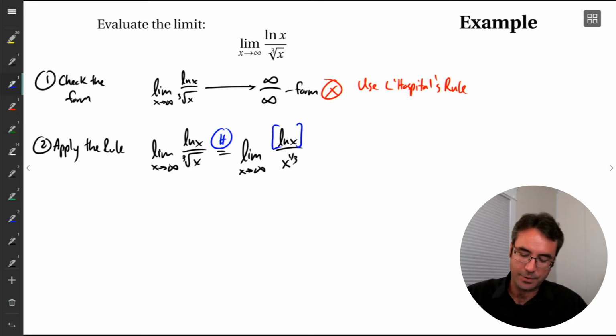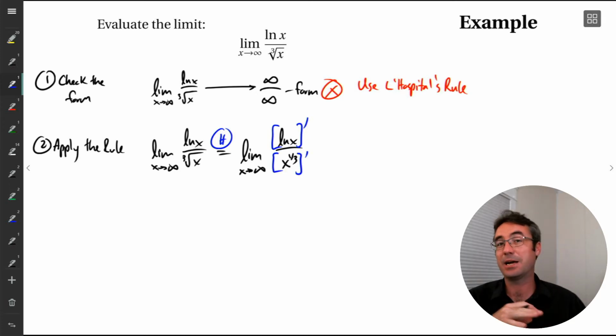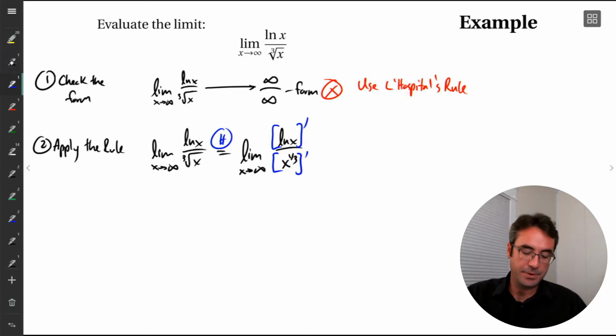And we're going to apply the derivative there, and we apply the derivative to the bottom. So again, it's not quotient rule. We're not differentiating this entire function. All we're doing is we're differentiating the top, differentiating the bottom, and we're looking at the limit of that fraction. All right, so now we actually differentiate. Derivative of natural log, what was that? That's 1 over x.